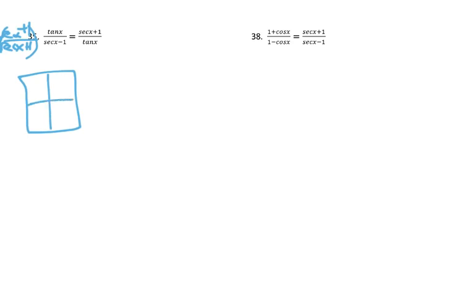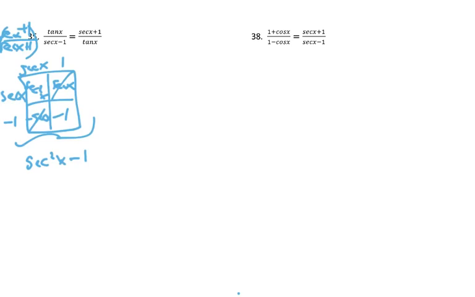Secant of x plus 1 and secant of x minus 1 leaves us with secant squared of x, a secant of x and a negative secant of x, which will cancel, and a negative 1. So our denominator is going to become secant squared of x minus 1.